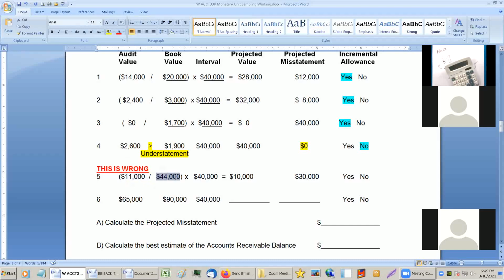The book amount is 44,000. What is the actual misstatement? Is it 33,000? Yep, perfect. Yeah, the actual.